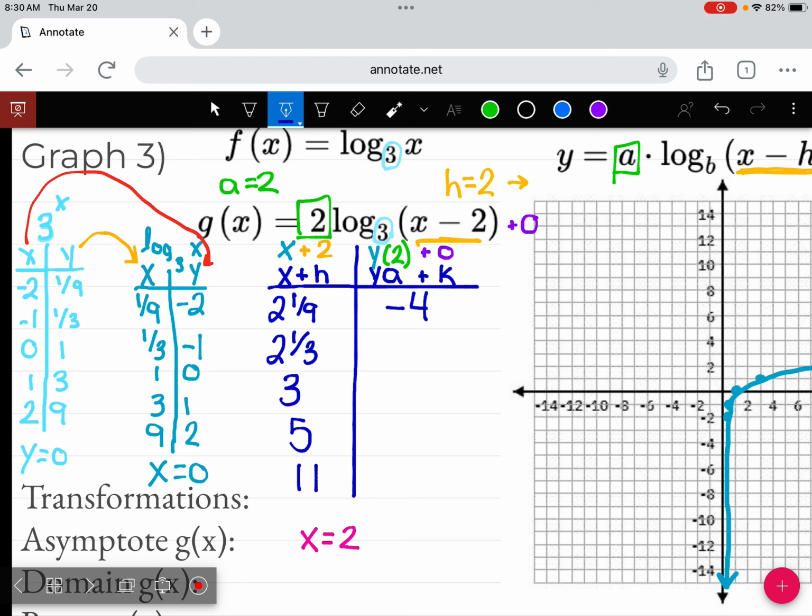My -1 times 2 plus 0 is -2. My 0 times 2 plus 0 is going to give us a 0. Our 1 times 2 gives me a 2. And our 2 times 2 gives me 4.